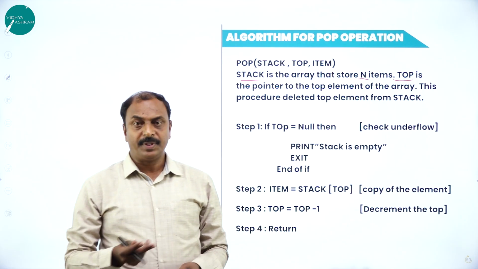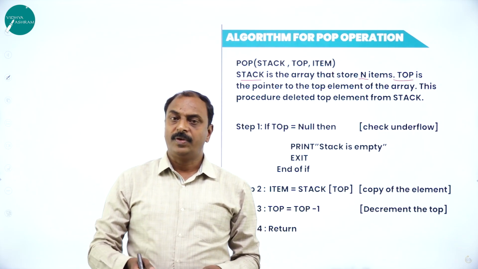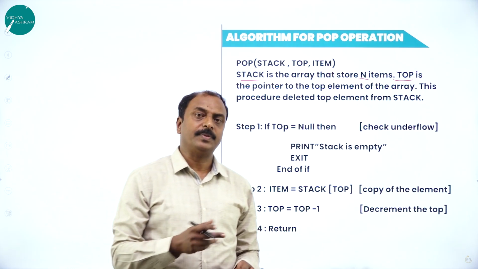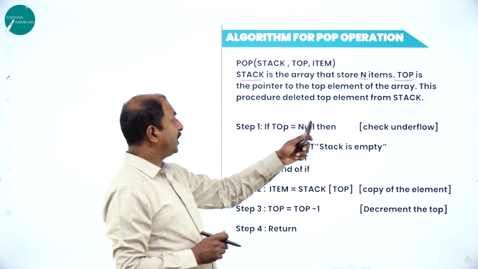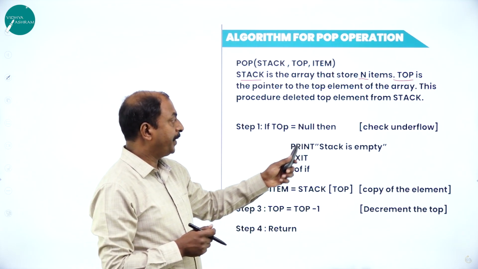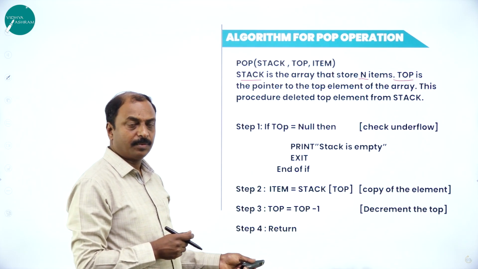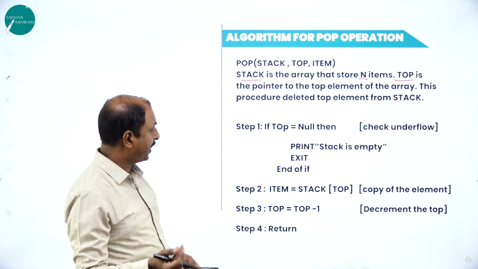If there is an empty stack, it means there are no data items, so it is not possible to remove any data item from the stack. So we have to check the condition top equals null. If top equal to null, the stack is empty, and we have to come out of this algorithm because there are no elements to be removed from the stack.